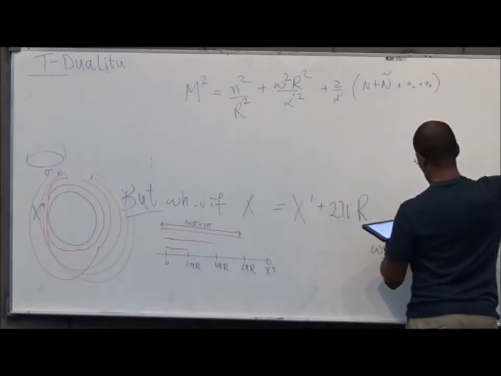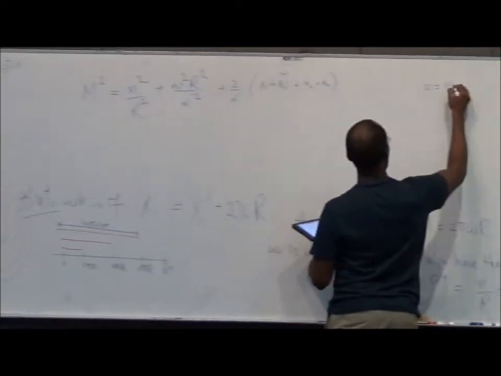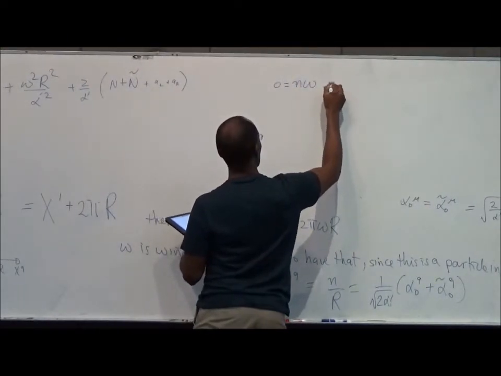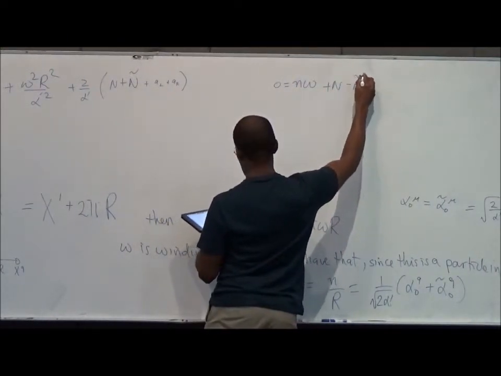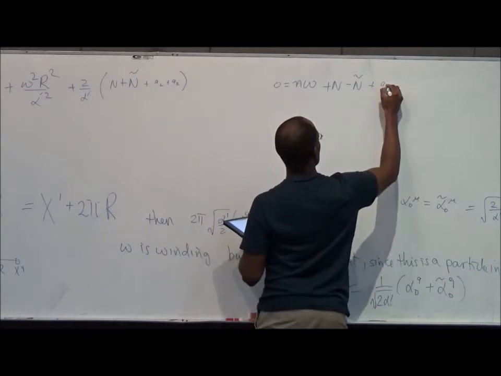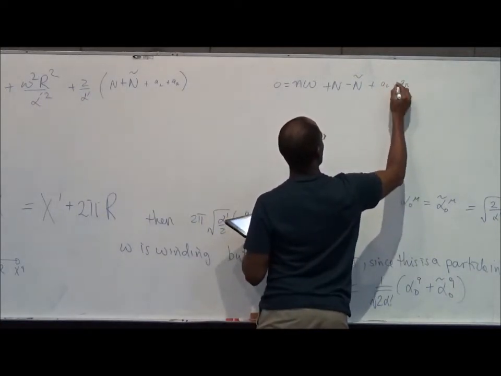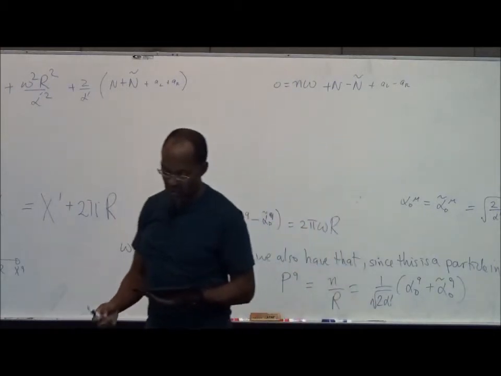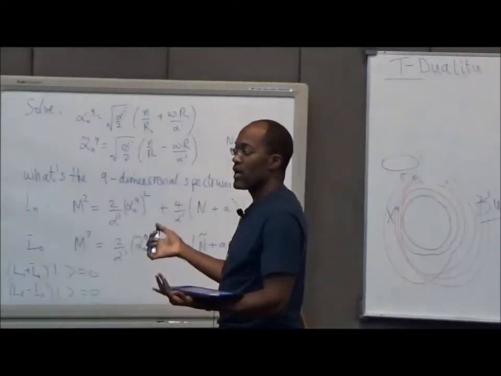And then the difference is 0, which is N minus N tilde equals n omega. Right, these are just the zero-point energies. I'm just reminding myself whether it's left or right, so on and so forth, either minus a half or 0.